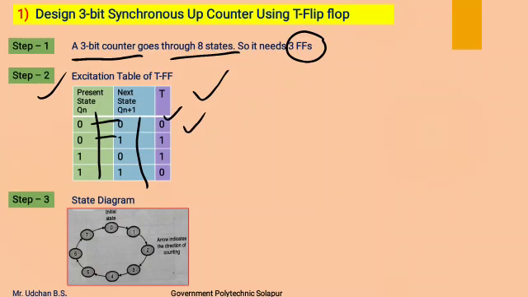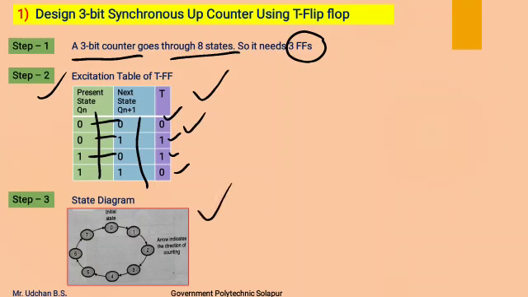Present state is 0, next state is 1, then T input should be 1. Present state is 1, next state is 0, T input should be 1. When present state is 1, next state is also 1, then T input should be 0. So this excitation table we are going to use while constructing the excitation table of the counter.